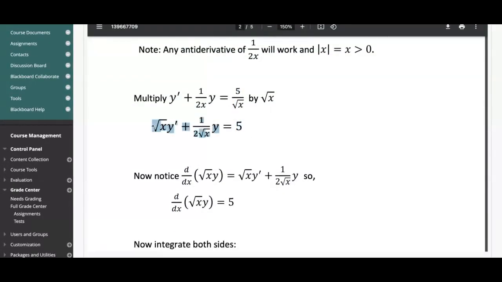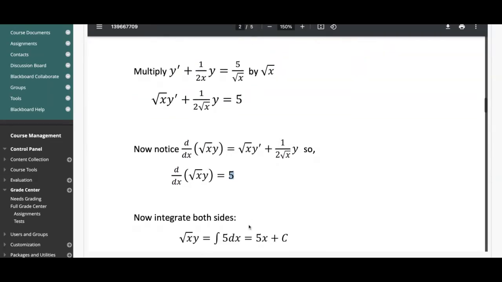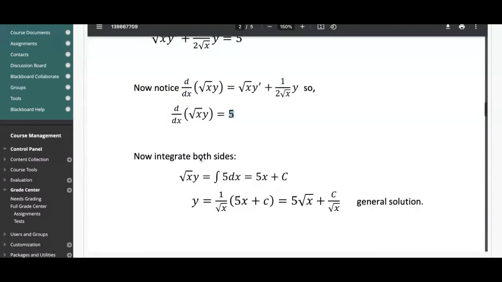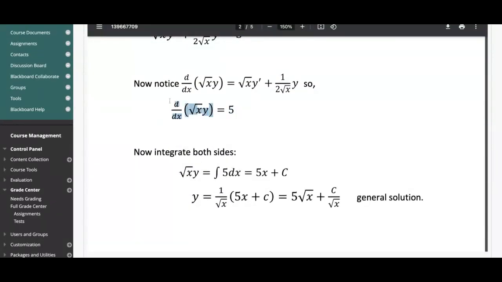And the miracle is the left-hand side is just the implicit differentiation of the product of square root of x and y. Of course, this equals 5, so we can equate this with 5. Then we integrate both sides.